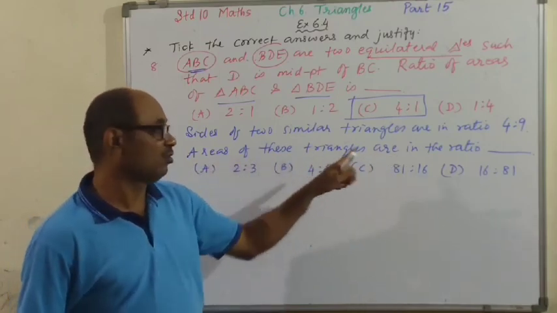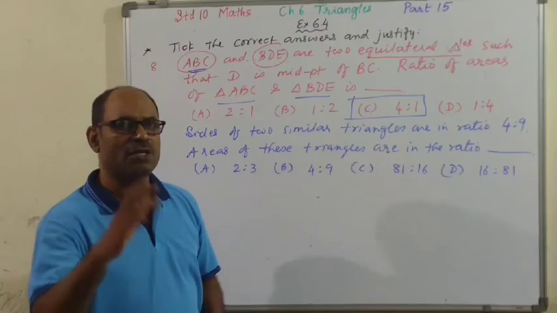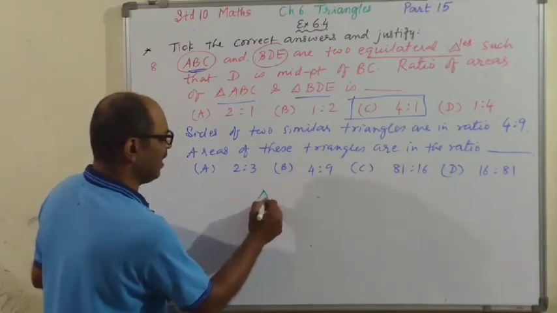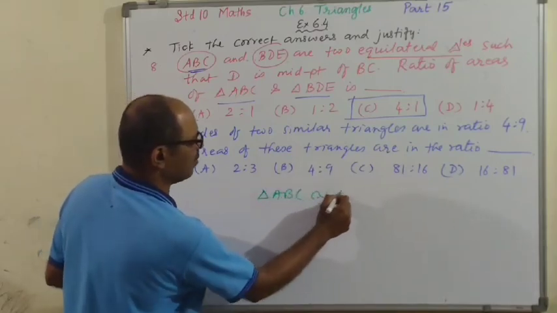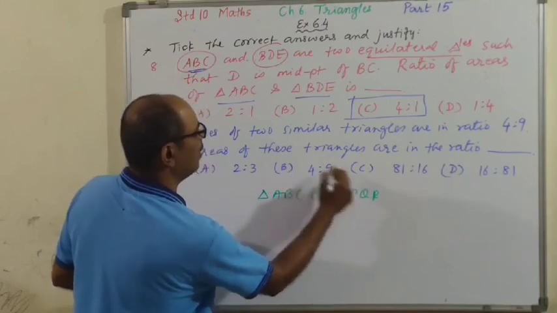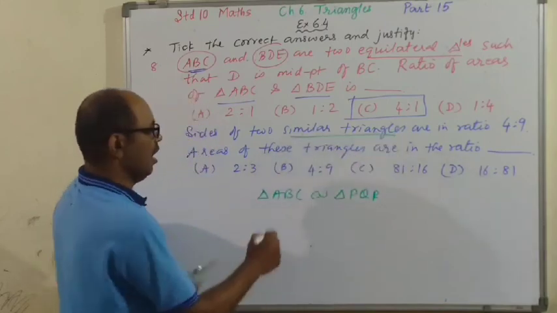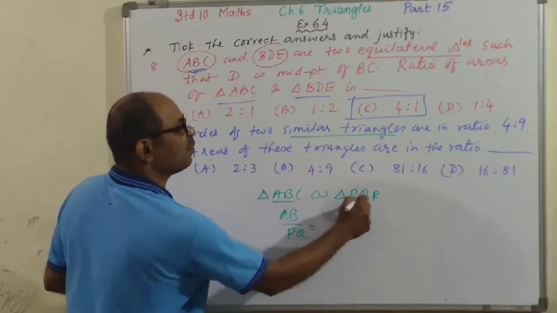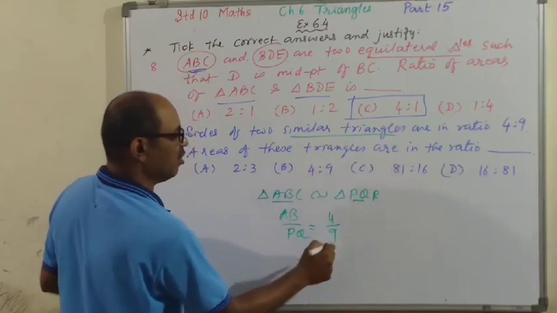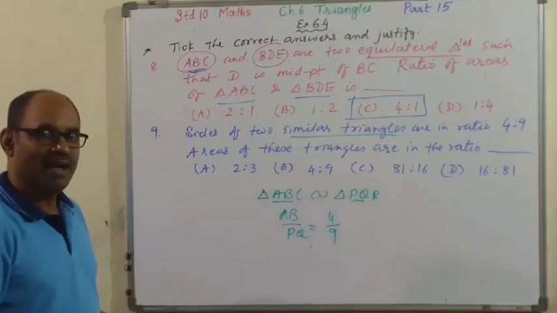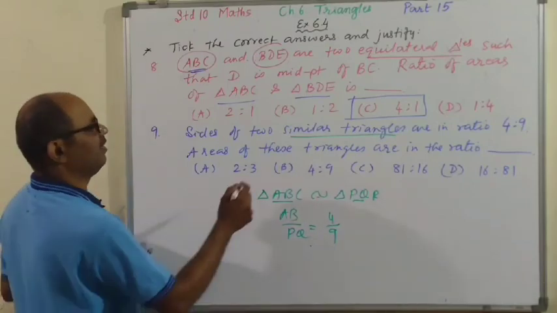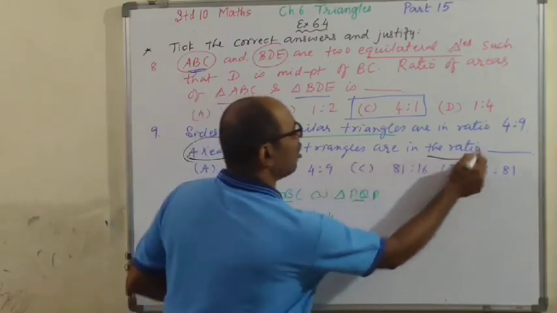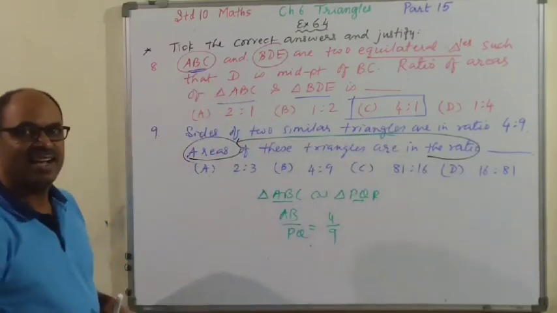The areas of these two triangles are in the ratio. This is very easy. Let me say triangle ABC is similar to triangle PQR. They are similar triangles. And AB upon PQ, yes, corresponding side, ratio 4:9. So 4/9. And you are supposed to find the ratio of their areas.